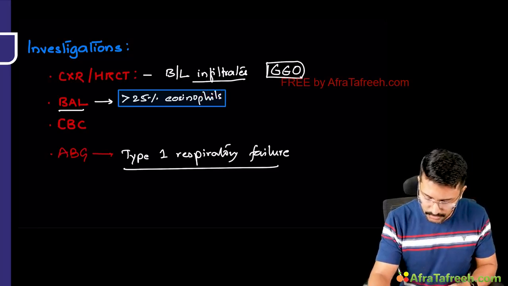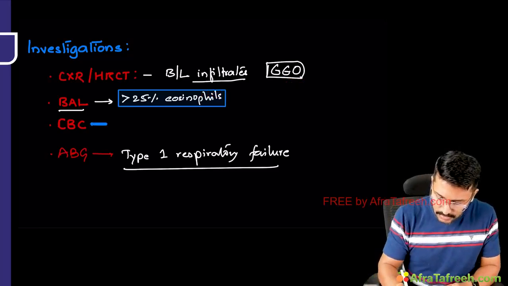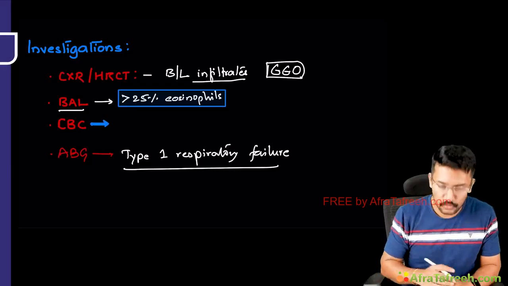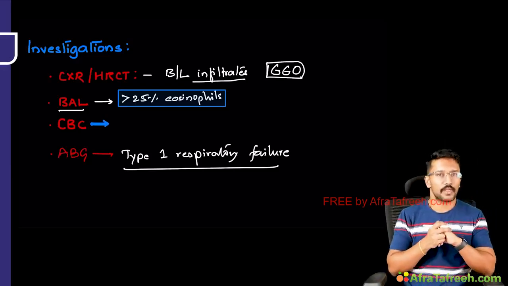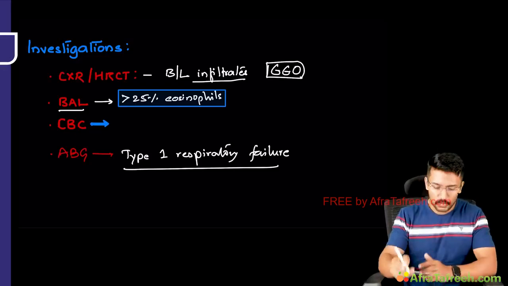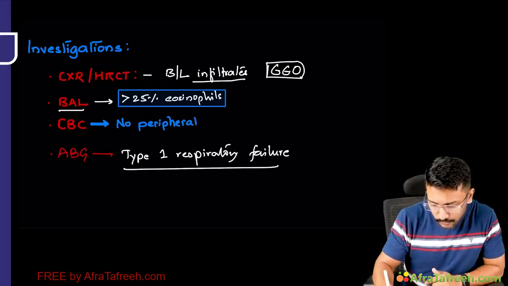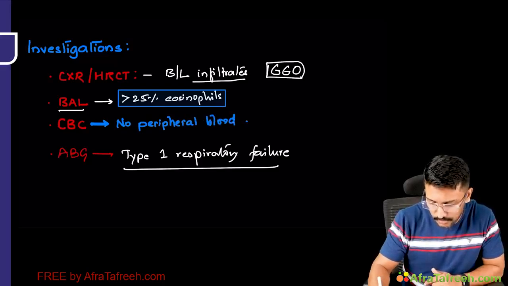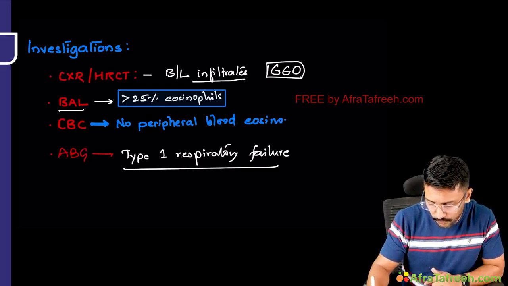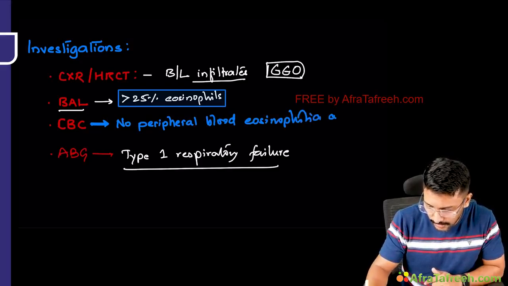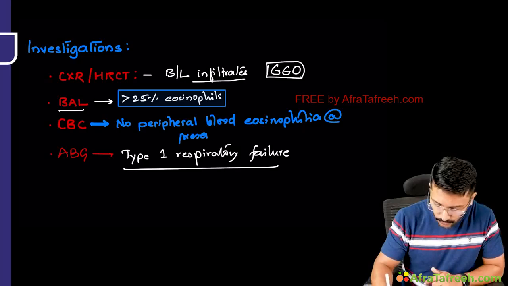Okay. Now, the next question is, when we do the CBC, do I see peripheral eosinophilia in these patients? The answer is mostly no. There is no peripheral blood eosinophilia at the time of presentation.